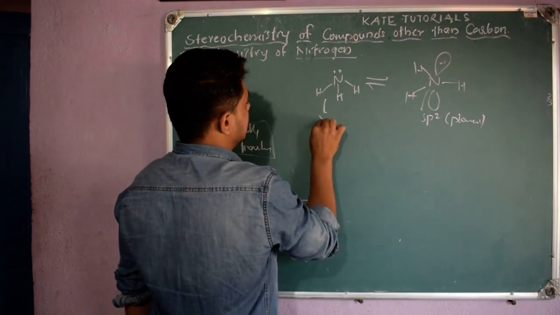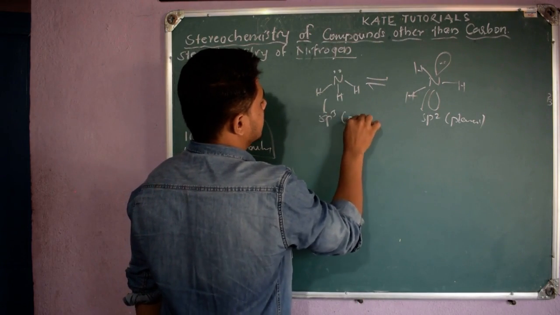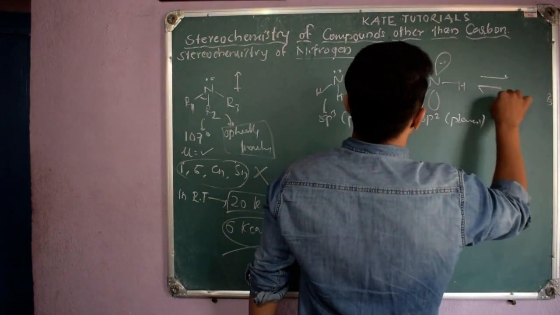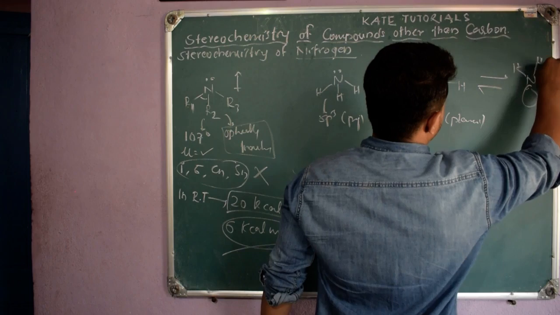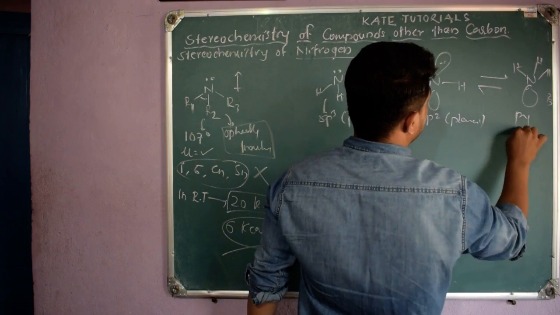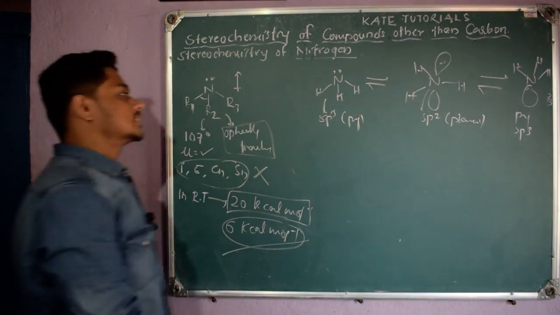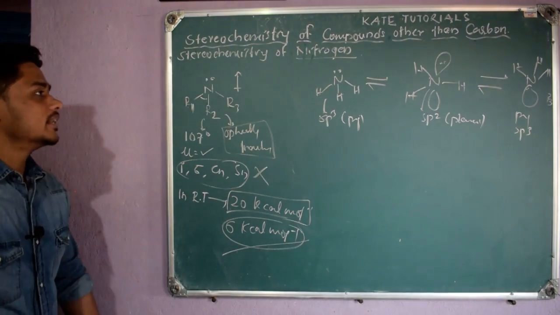Whereas it is sp3 and it will be pyramidal, and further again like this it will happen, and here we'll get the lone pair here like this, right? So this is pyramidal and again sp3, right? This we call pyramidal inversion.